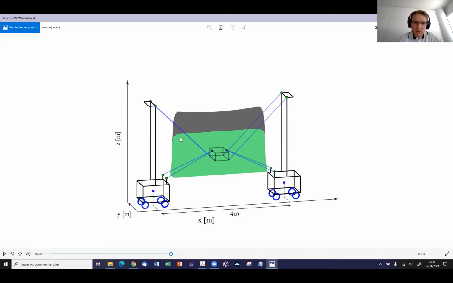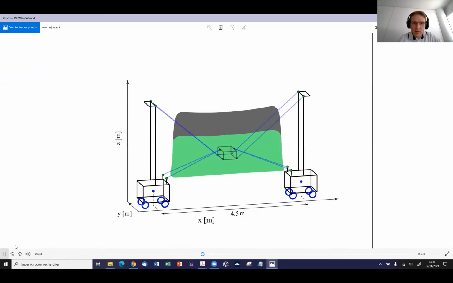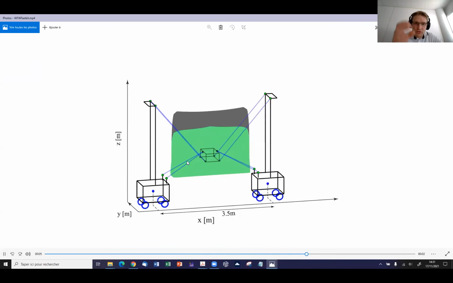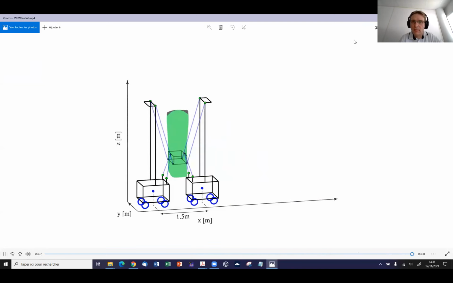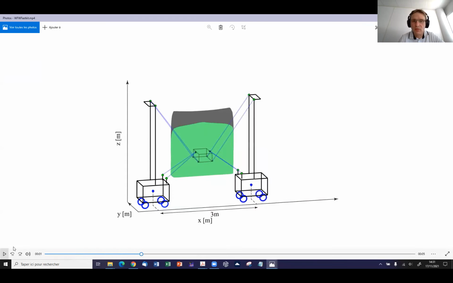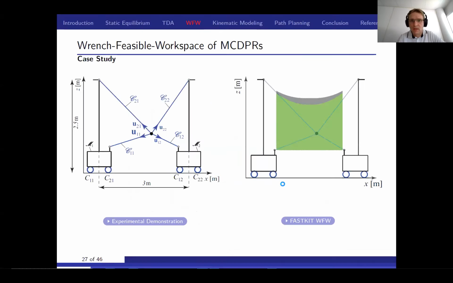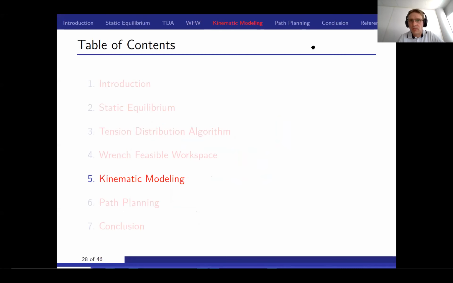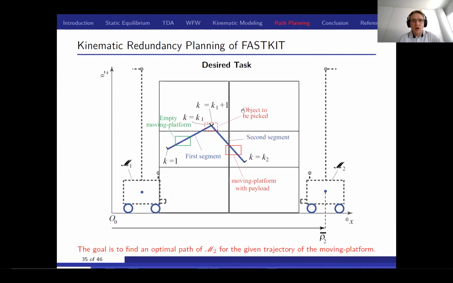We can notice that unfortunately for such a robot, the green workspace is much smaller than the gray one, the gray one corresponding to the cable configuration workspace. Okay, I can skip this part. I will move forward with the path planning.